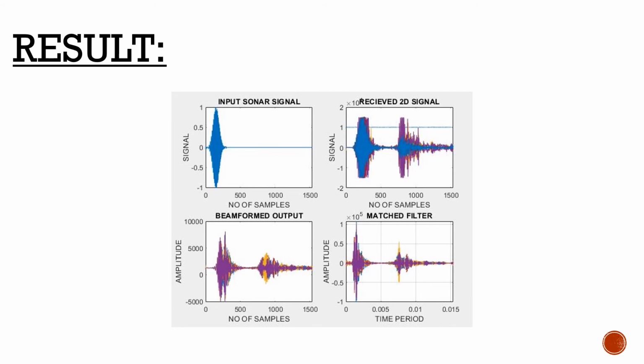The data received was in the form of a 3D matrix of size 1536 by 8 by 11 elements. From these we performed beamforming and got the output shown in the third graph. After this, the fourth graph is the output of performing match filtering on the beamformed output with respect to the input signal.